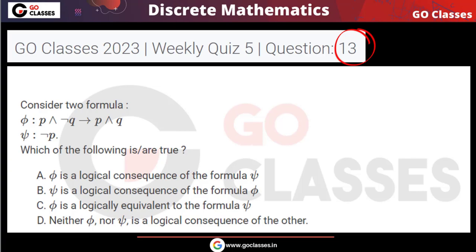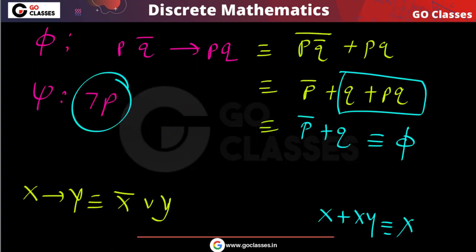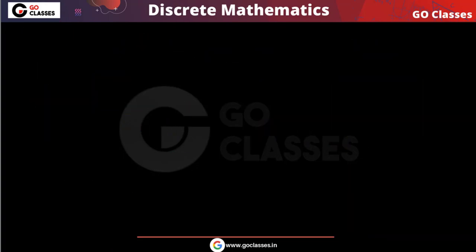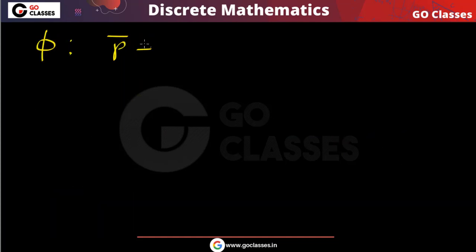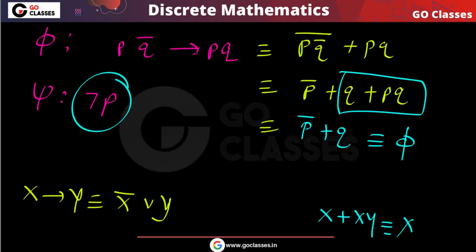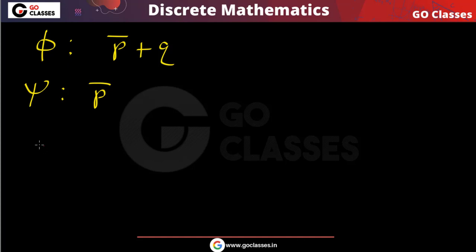Now option A is saying, let's see who is a logical consequence of whom. So finally the phi that we have is p bar or q, and psi is p bar. Let's check whether phi implies psi is a tautology, or psi implies phi is a tautology.